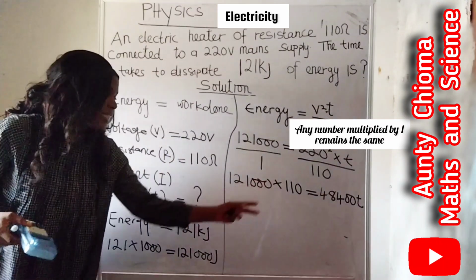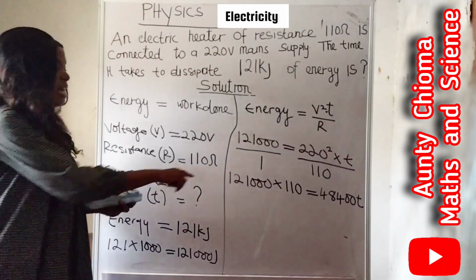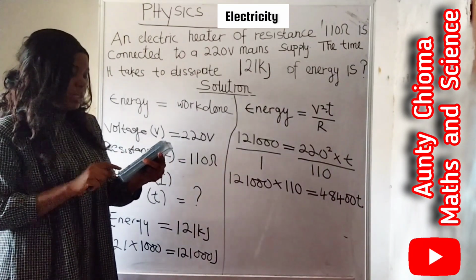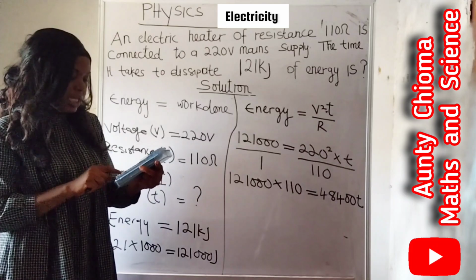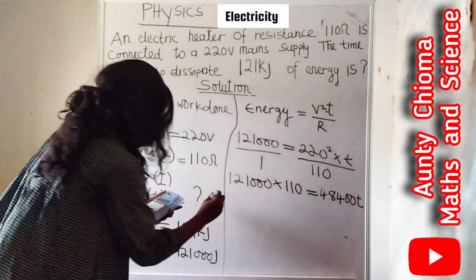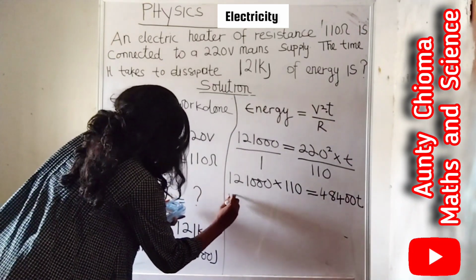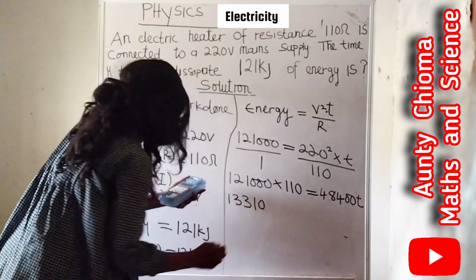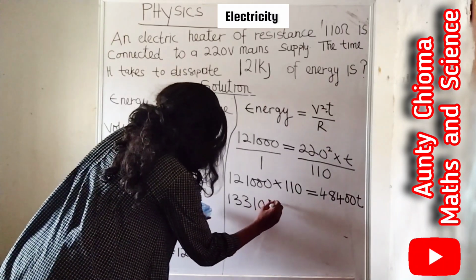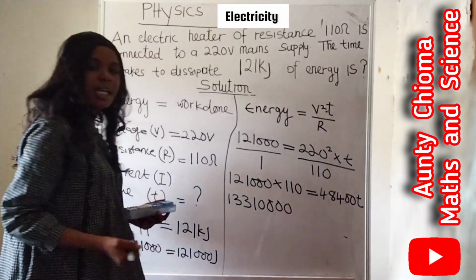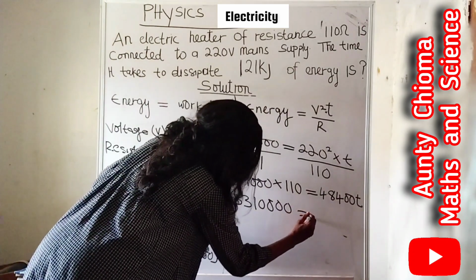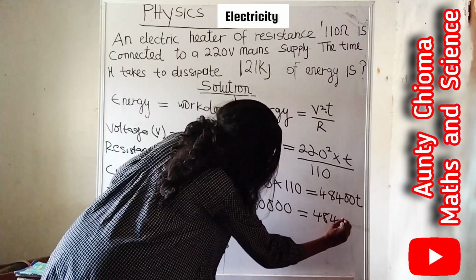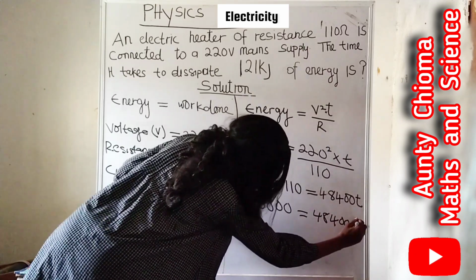So I want to evaluate now. I want to evaluate this and this. I will now say 121000 times 110. It gives us 1331000, which is equal to 48400 t.